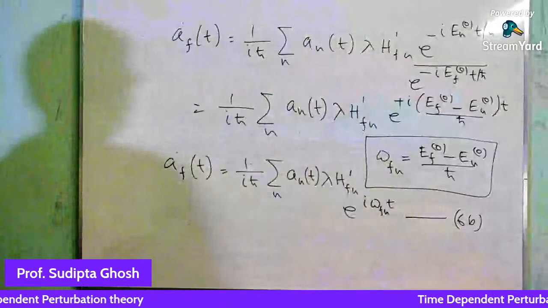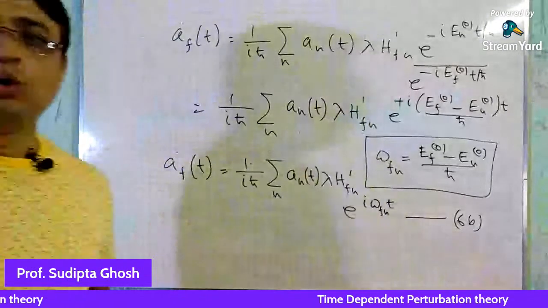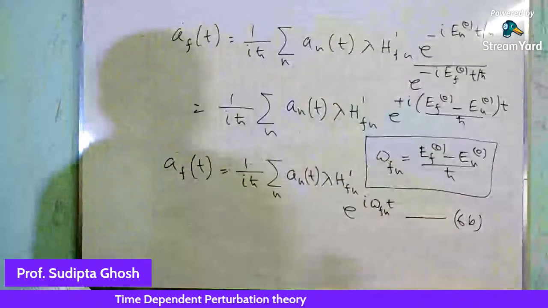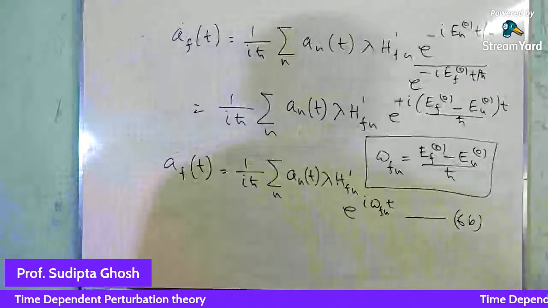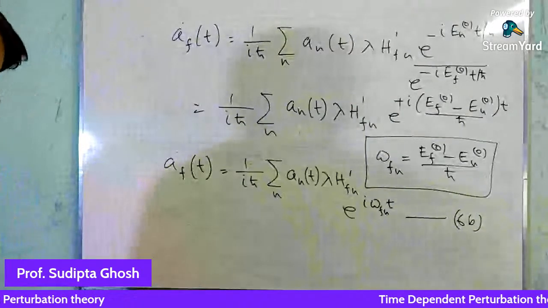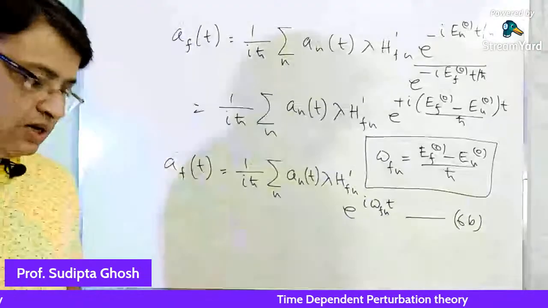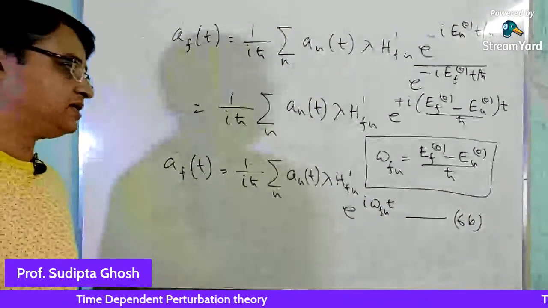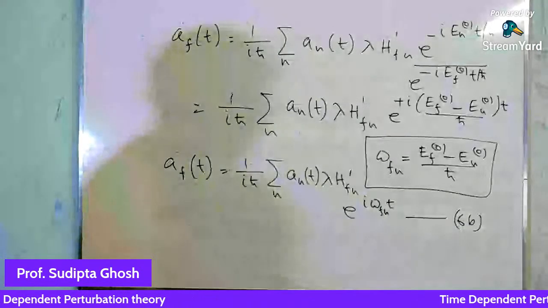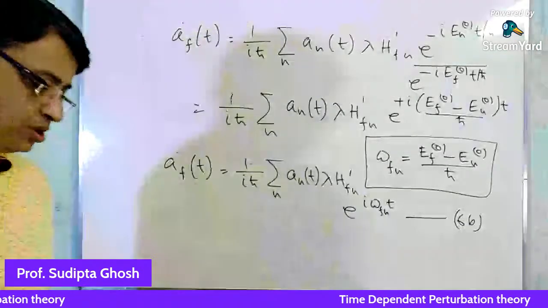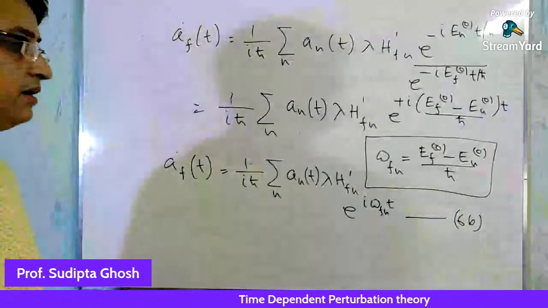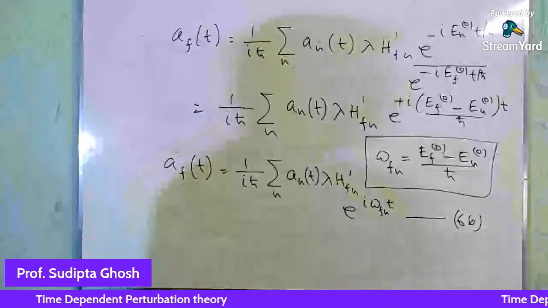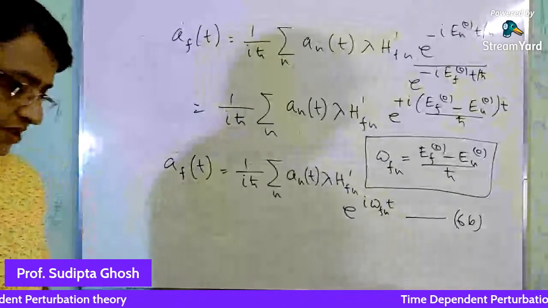So this omega fn, that is ef0 minus en0 by h cut, denotes the Bohr's frequency of transition corresponding to the pair of unperturbed levels ef0 and en0.